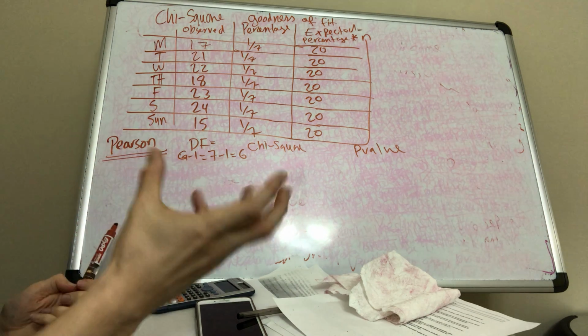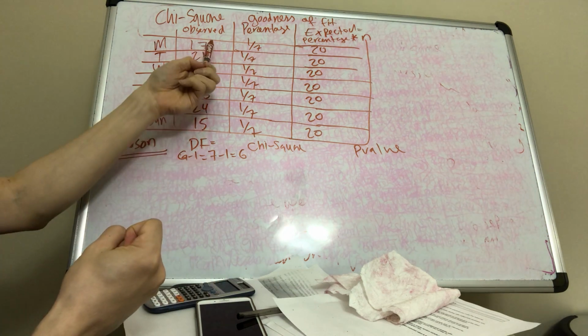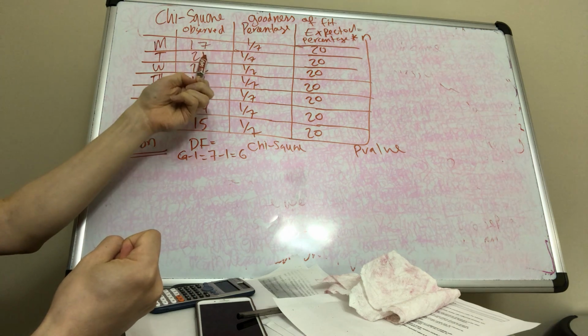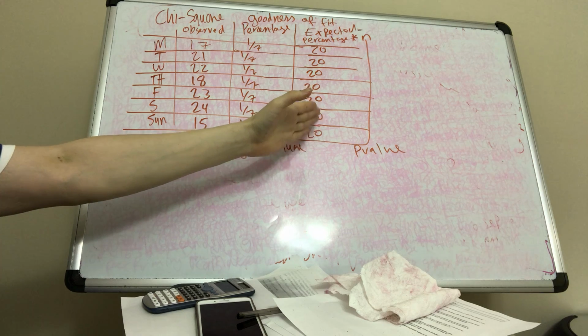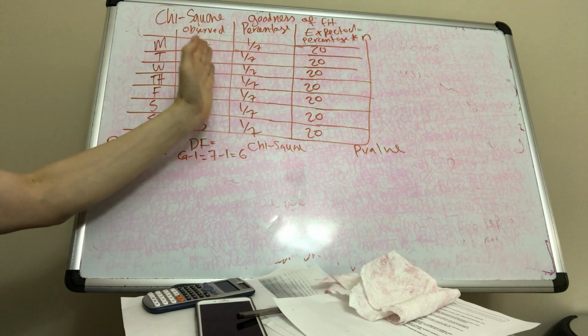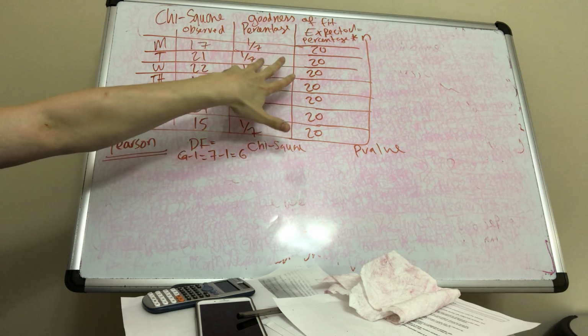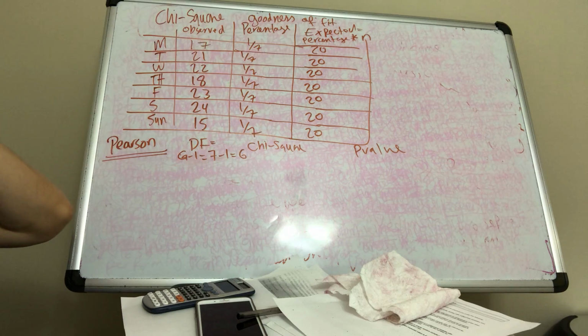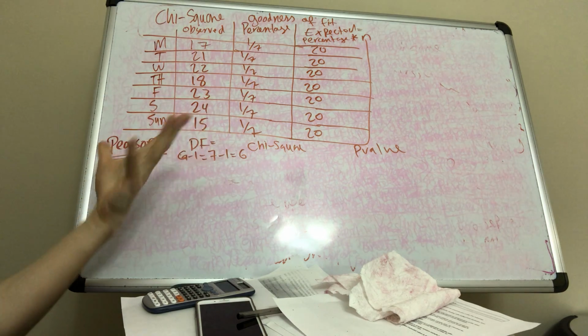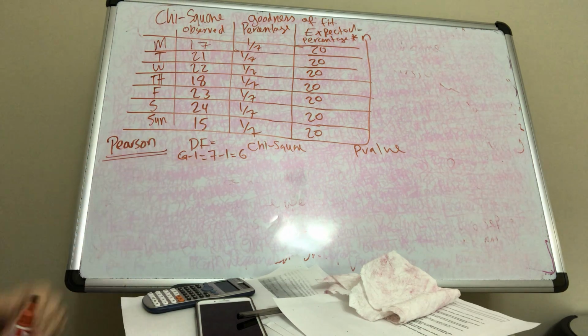So when they took this 140, they found that 17 of them were actually done Monday, 21 on Tuesday. So it was a bit different than what they expected. Are the differences negligible? Are the differences too small so you can just forget about it? Or the differences are big and show something?